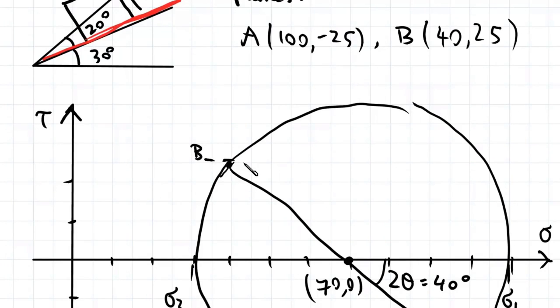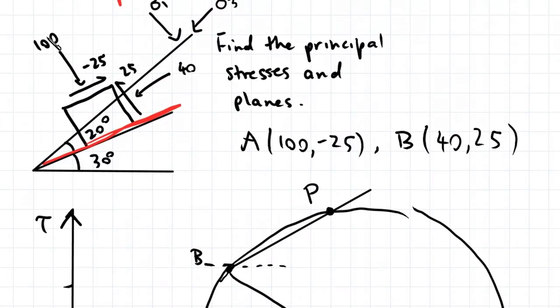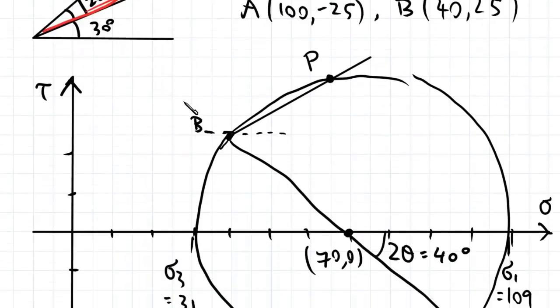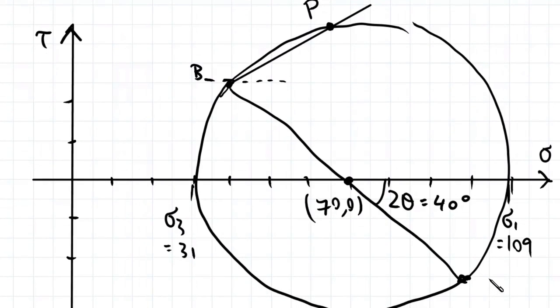Let's project the horizontal from point B. Now using a protractor, measure off 30 degrees from this point and see where this line intersects with the Mohr circle, which is approximately this point here. And this will be your pole. You could also determine the angle which this normal force here, 100, makes with the horizontal. And you could measure that from this point here, A. And that should take you to the same place for the pole.